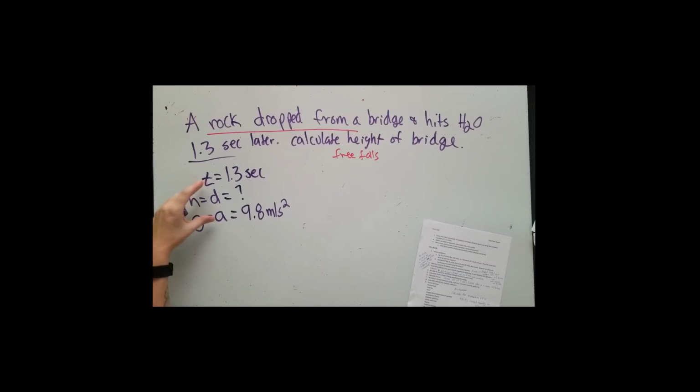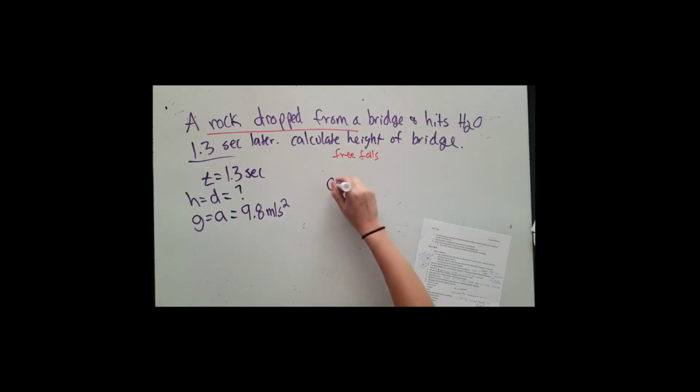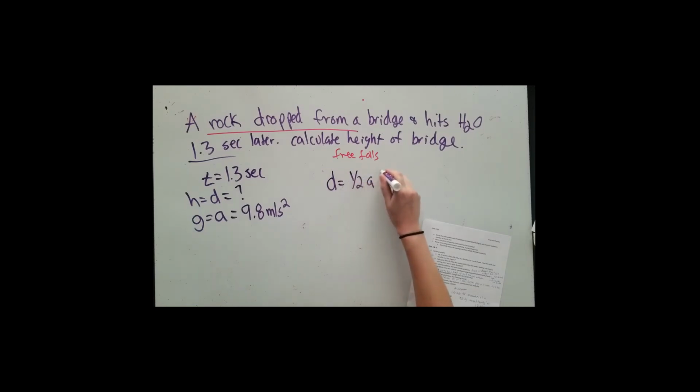Now we have three variables, so we need to find an equation that has A, D, and T in it. The equation I find is this guy here. Distance is what it's asking for. I have my acceleration, the rate of gravity since it's free fall, and I have my time.